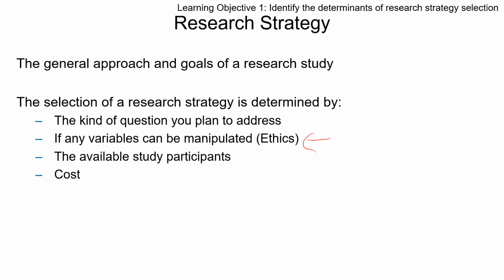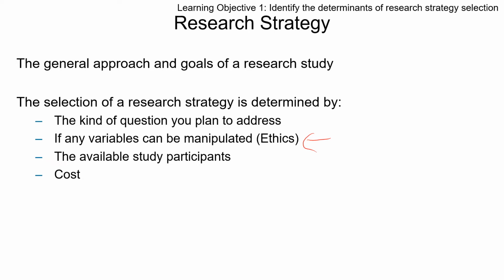The availability of study participants. If you're doing research on children with autism, it might be much more difficult to get study participants. If you're doing research on some rare disease, it's difficult to get participants. If you're doing research that can be studied with college students, then it becomes much easier because you can just have intro psych students take a survey.